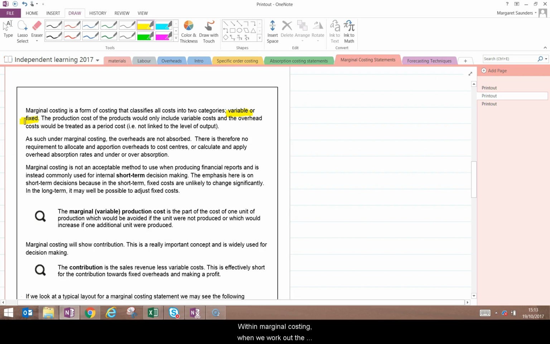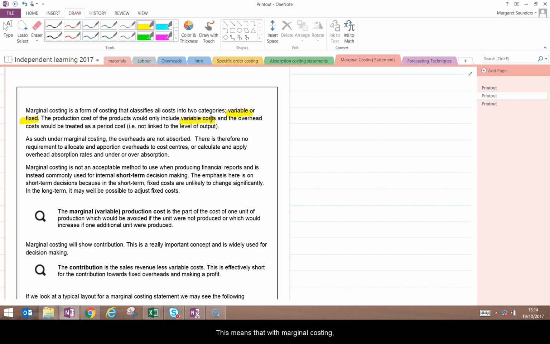Within marginal costing, when we work out the production cost of the products, we only include the variable costs. The overhead costs we treat as a fixed cost in the period in which it's incurred. So in other words, it is referred to as a period cost.